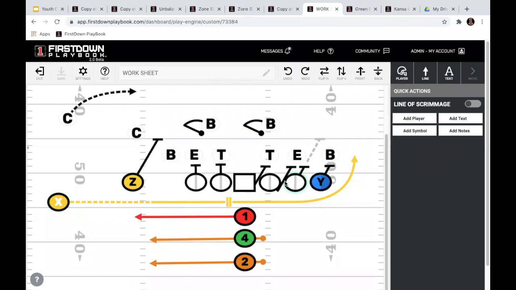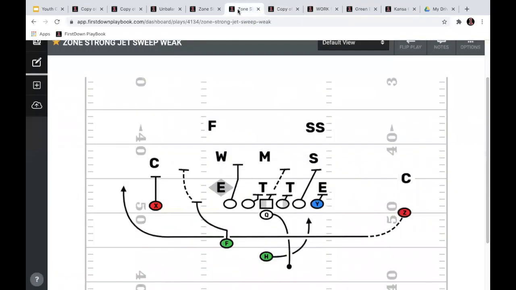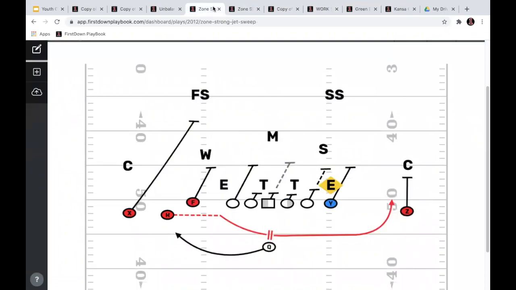Once again, I'm just checking my notes. There are other ways that you can run this play. You can run this play with the quarterback, and I thought I had that up. I might not have. You can run the play as an option type play, where essentially the jet runner becomes like an option pitch, and your quarterback runs inside as a dive.